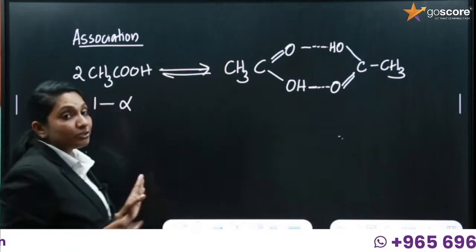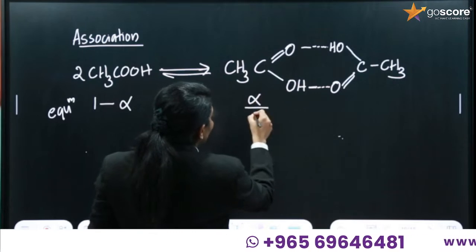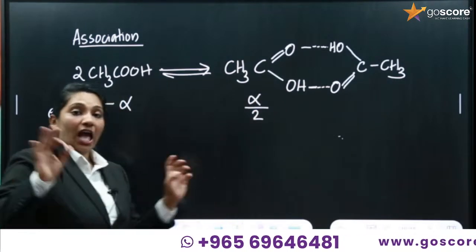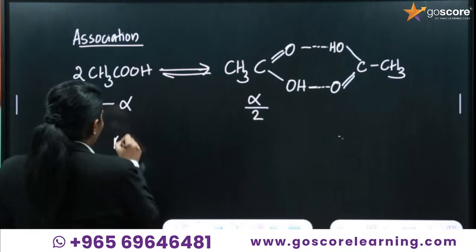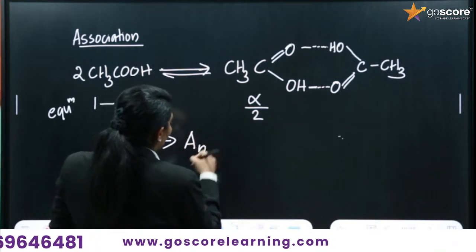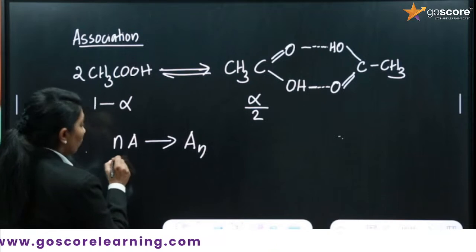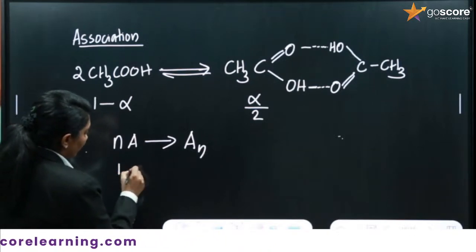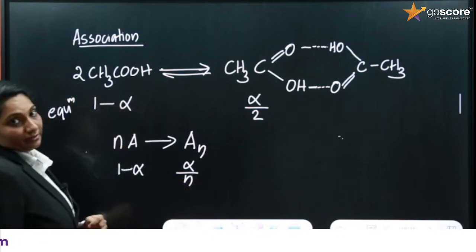If alpha number of particles is getting associated, what will be the product side number of moles you are getting? It will be alpha by 2. Okay. Same way we can do for nA particle, the product will be A_n, right? So when you consider for n number of moles, if it is 1 minus alpha, this will be alpha by n, right?